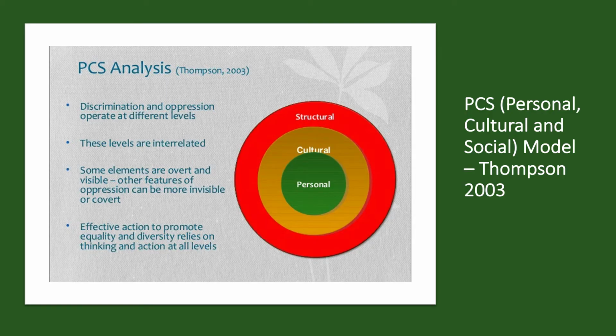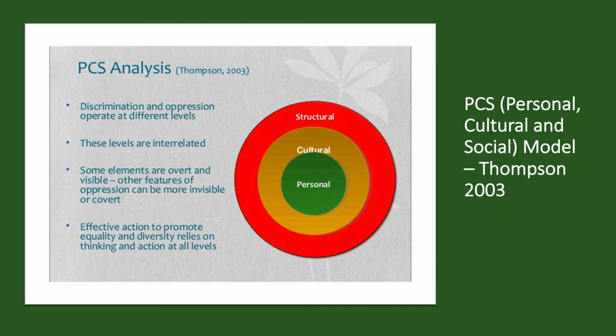Another model is the PCS, Personal, Cultural and Social Model, and this was introduced by Thompson in 2003. So I've abbreviated it to the PCS analysis or the PCS model. And what Thompson suggests is that discrimination and oppression, so remember those key terms we looked at before, operate from different levels.